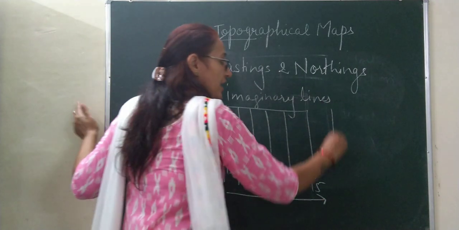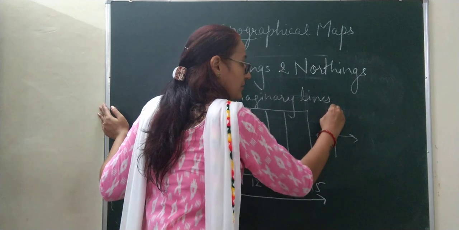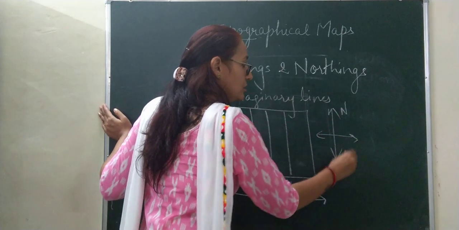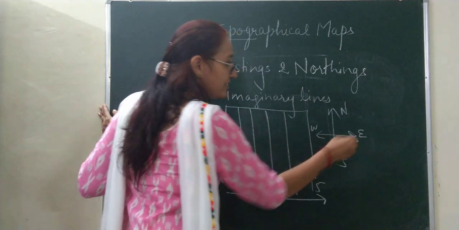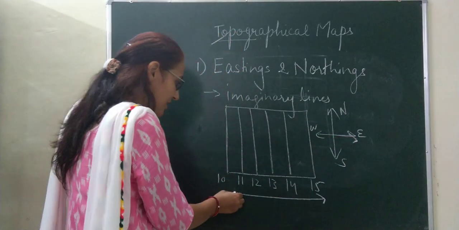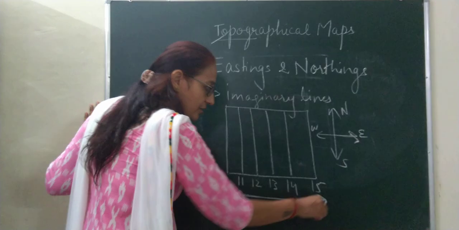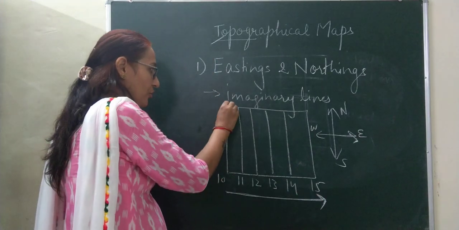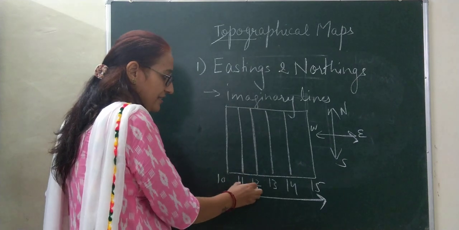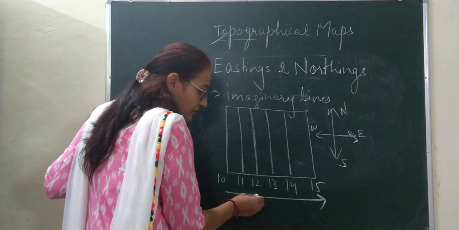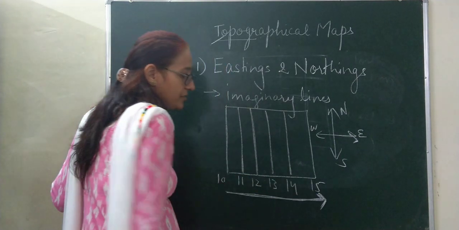As we know, there are four cardinal directions: north, south, west, east. So east is this side. So the number is increasing toward this side.